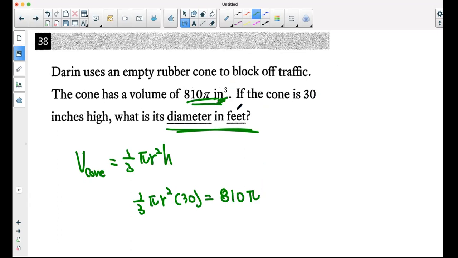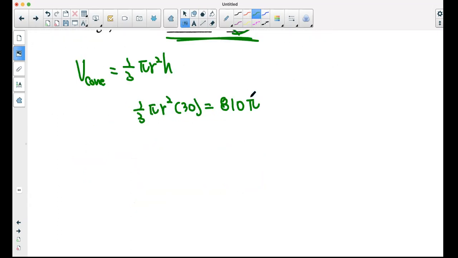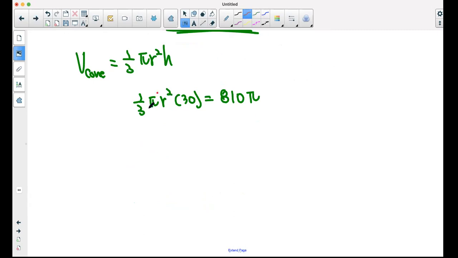Here I can cancel away the pi's, and 30 times 1/3 gets you 10. So when you divide by 10, r squared is equal to 81. Then r should be equal to 9.